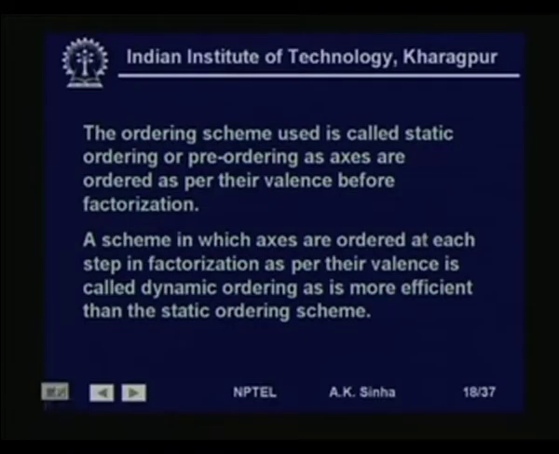If we try to order these matrices at each step of the factorization itself as the rows are being factored, then we have what we call a dynamic ordering. That is, a scheme in which axes are ordered at each step in factorization as per their valence is called a dynamic ordering, and is generally more efficient than the static or pre-ordering algorithm.